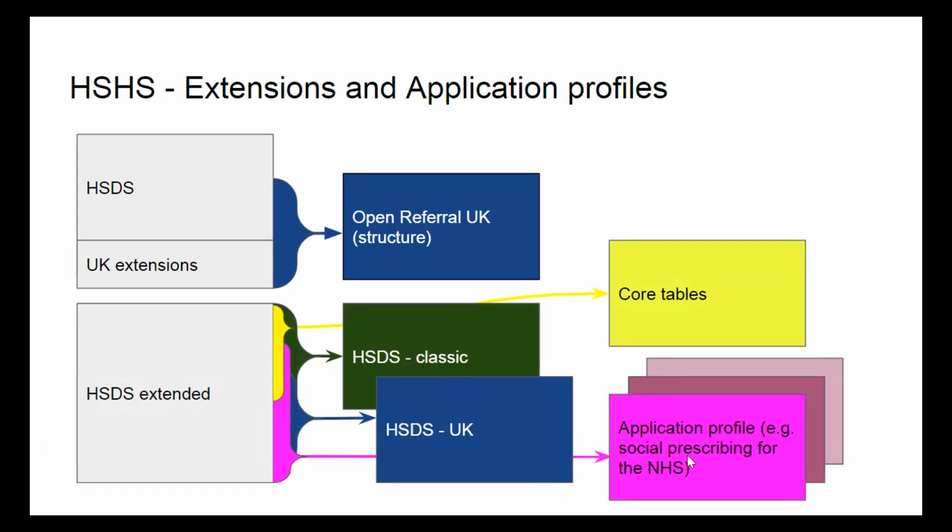So we might have an application profile that's particularly suitable for, say, social prescribing in the context of the NHS in the UK, and we might have different application profiles for different purposes. And I understand that you're looking at a core tables sort of cut down Open Referral, which just looks at the main tables, and that could be seen as an application profile on HSDS.